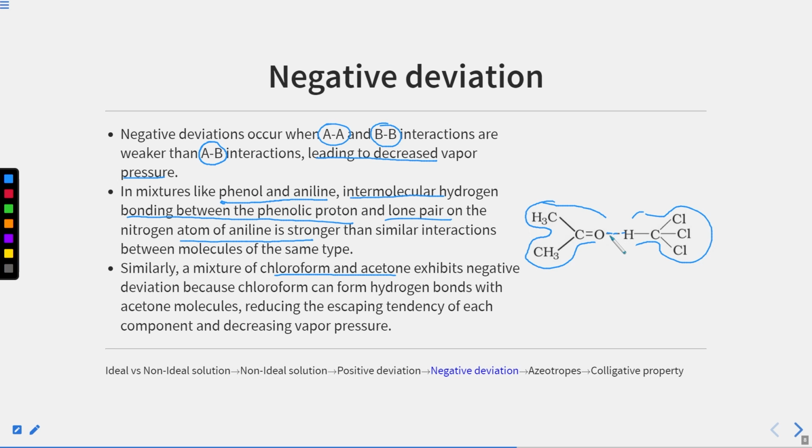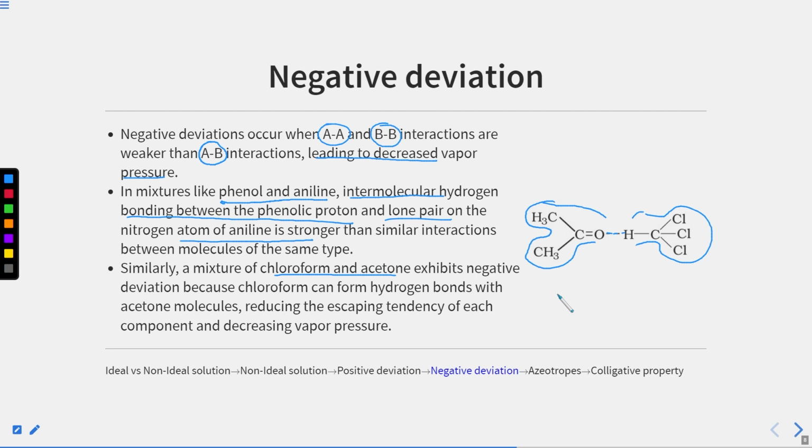Due to this greater interaction as compared to the individuals, the chloroform or the acetone will find it more difficult to escape to the gaseous phase and increase the vapor over the solution, hence decreasing the vapor pressure. So this is what we consider for negative deviation.